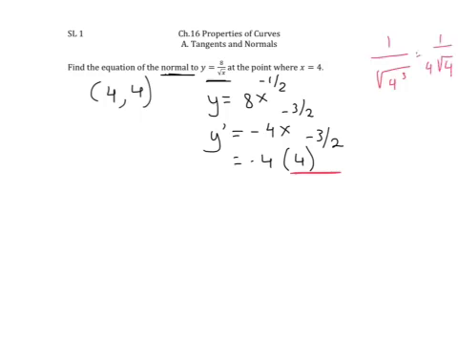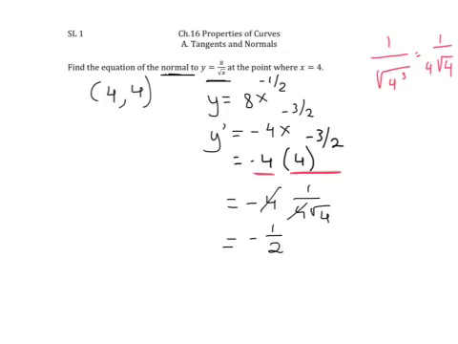So if I multiply that with negative 4, I would get negative 4 times 1 over 4 root 4. Cancel it out. We're left with negative 1 over root 4, which is the same thing as negative 1 over 2.